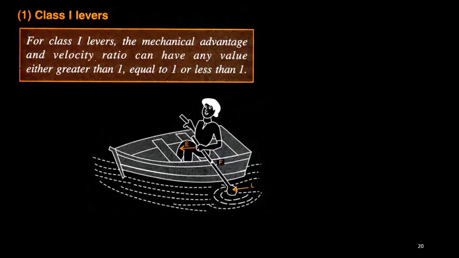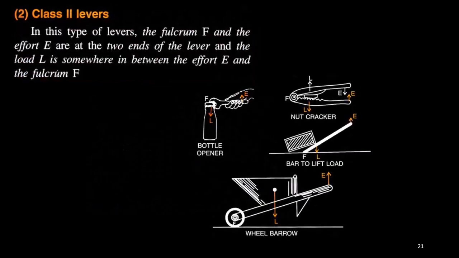Why? Because depending on the position of the fulcrum, the effort arm and load arm lengths, this distance and this distance may be different. So the mechanical advantage may be greater than 1, less than 1, or equal to 1. All three are possible.